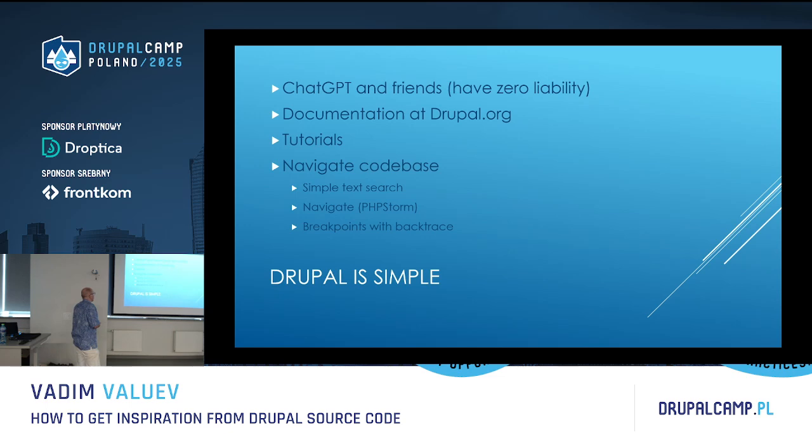Try looking for them. Then there's documentation on Drupal.org, which I do not use, because it's a compilation of comments from the code base. And tutorials are of the same level as ChatGPT. They can give you hints. But the essential thing is the ability to navigate the code base.